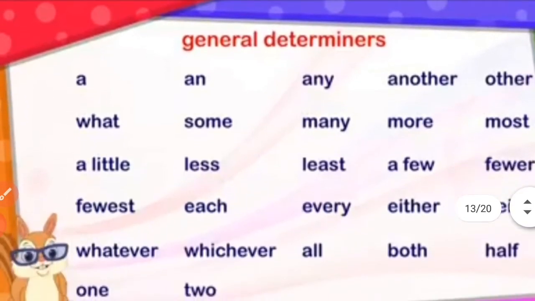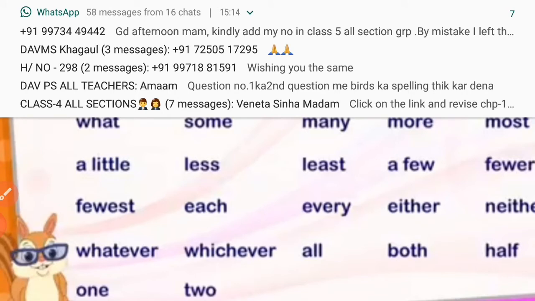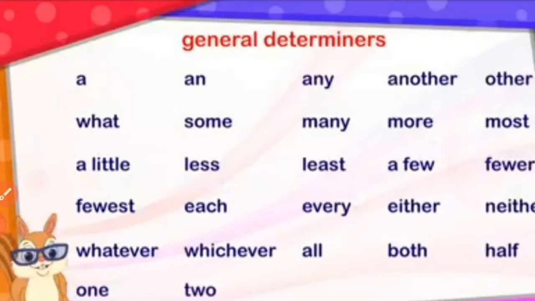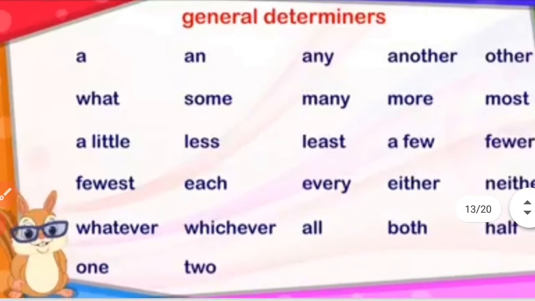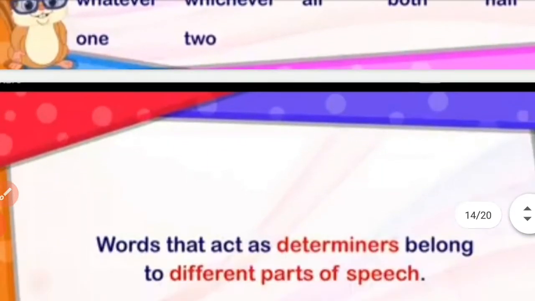The next slide is showing you some of the list of general determiners: what, a little, fewest, whatever, one, some, less, each, whichever, two, any, many, every, all, another, more, a few, either, both, other, most, fewer, neither, half, one, two. These words are used as general determiners.